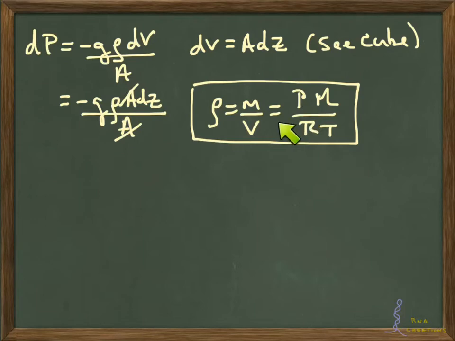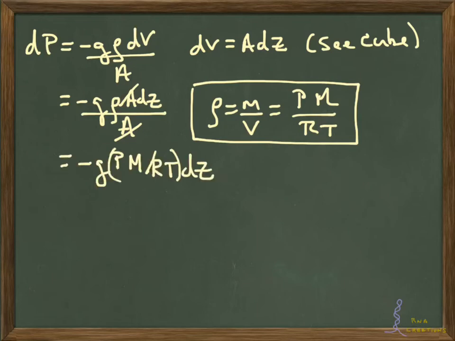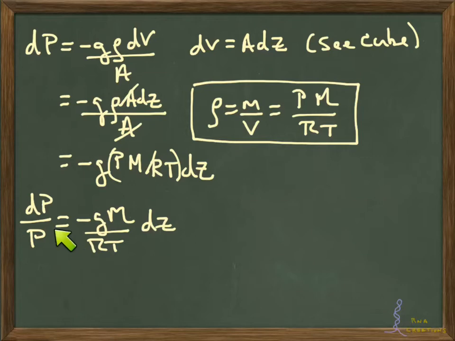So let's substitute rho with P times molecular weight over RT. We're left with this expression where I've grouped the terms for rho inside of the parentheses. We can then take the pressure and bring it over onto the left-hand side of the equation. We're left with this expression here, in which we can now integrate the left-hand side.